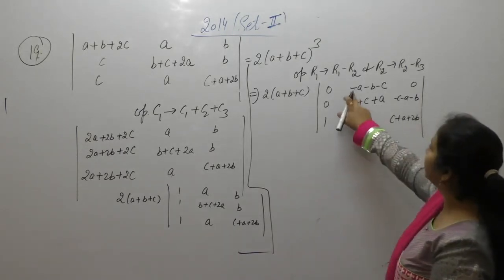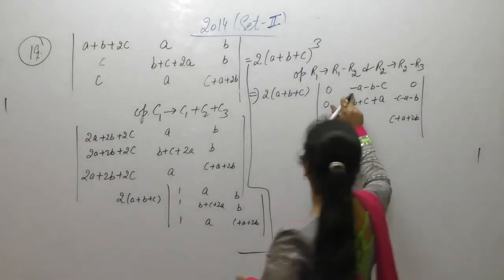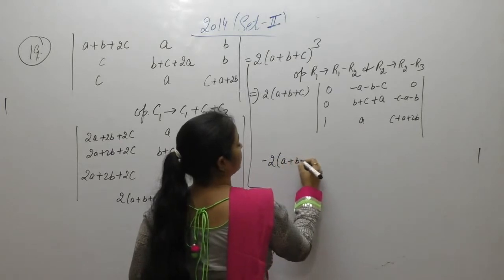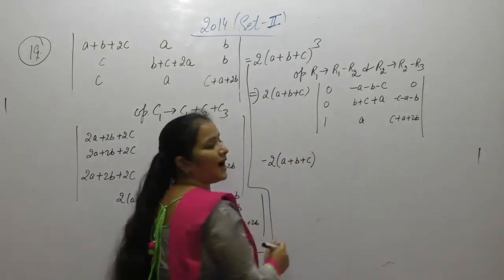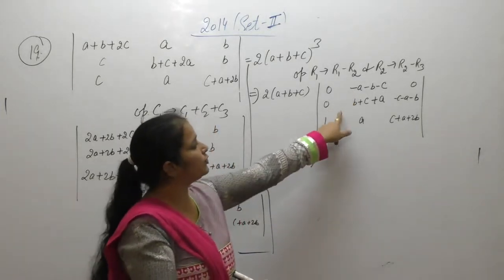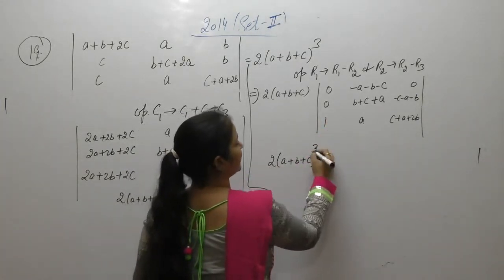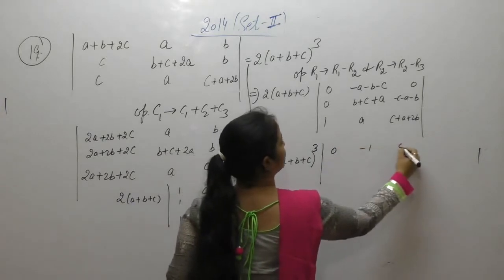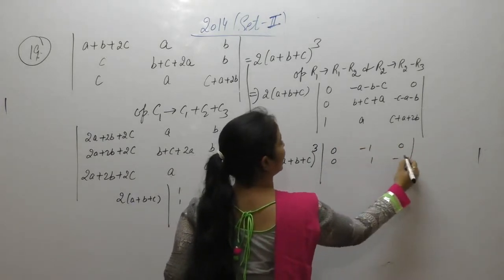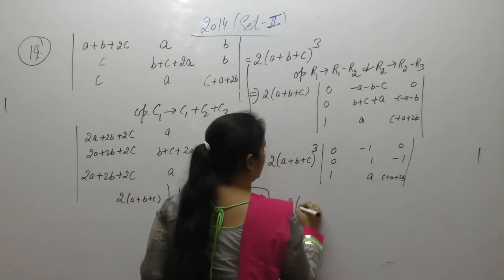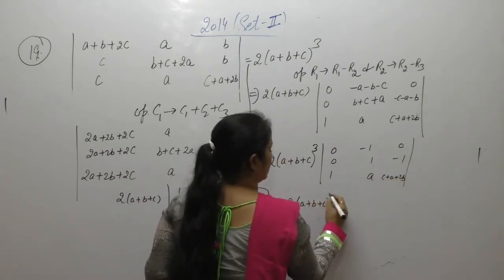Now from here we can take a plus b plus c common from R1, and from R2 we can also take a plus b plus c common. So here we are left with 0, 1, minus 1, 1, a, c plus a plus 2b, and 2a plus b plus c whole cube.